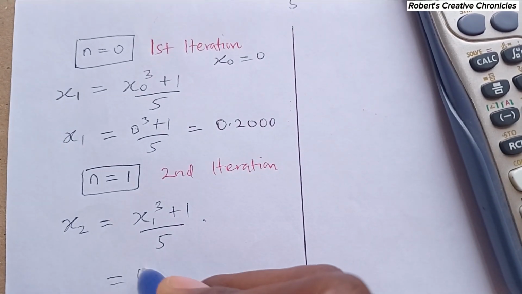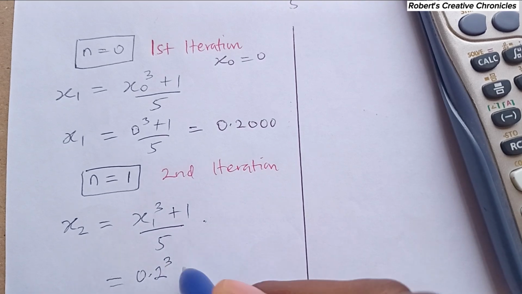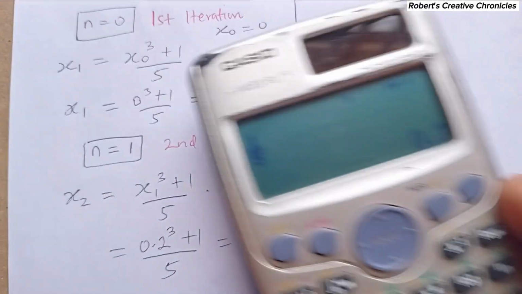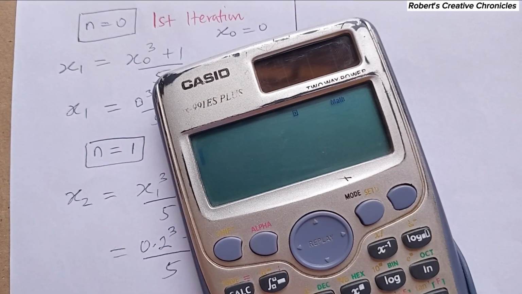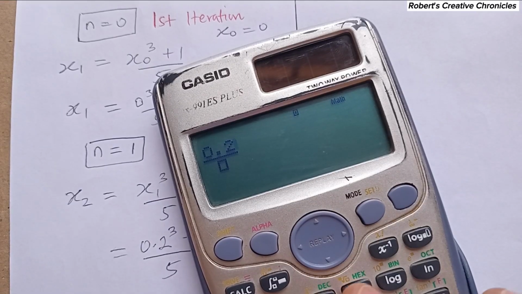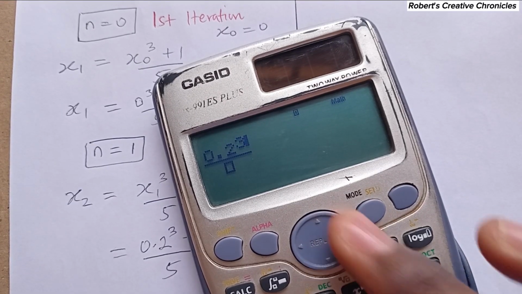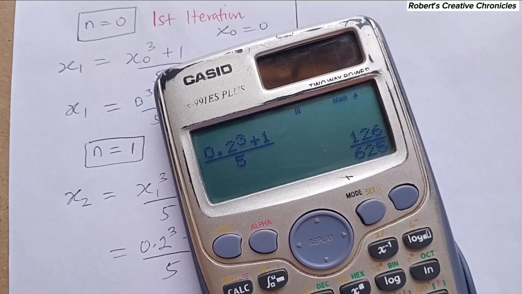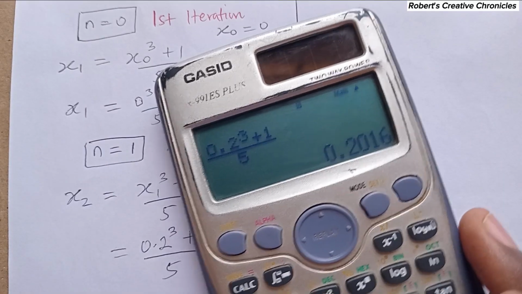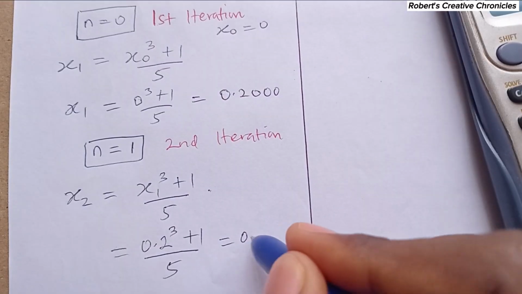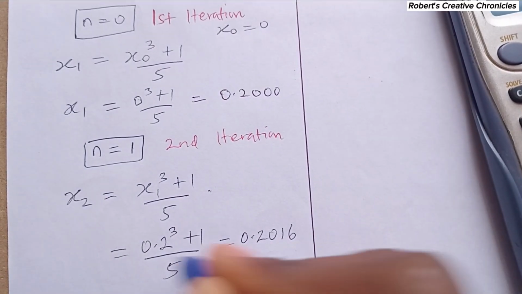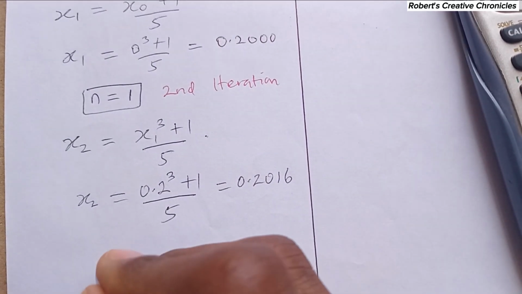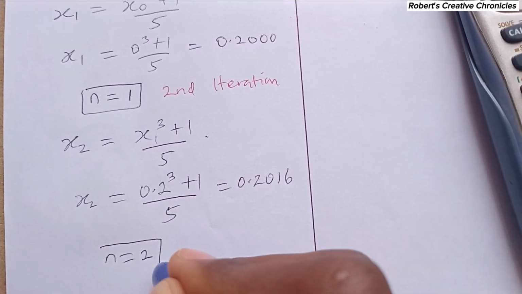This will be 0.2 cubed plus 1 over 5, which is 0.2016. So 0.2016 is x2. Then n is equal to 2.